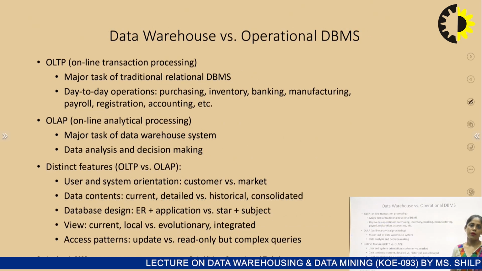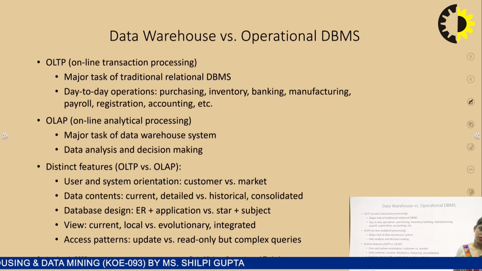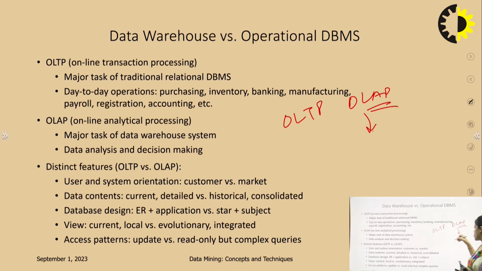Here is how we are going to differentiate between the operational database management system and the data warehouse. OLTP, that is online transaction processing, is the major task of the traditional relational database, and OLAP is something analytical. The historical data is going to be used for analysis in OLAP.